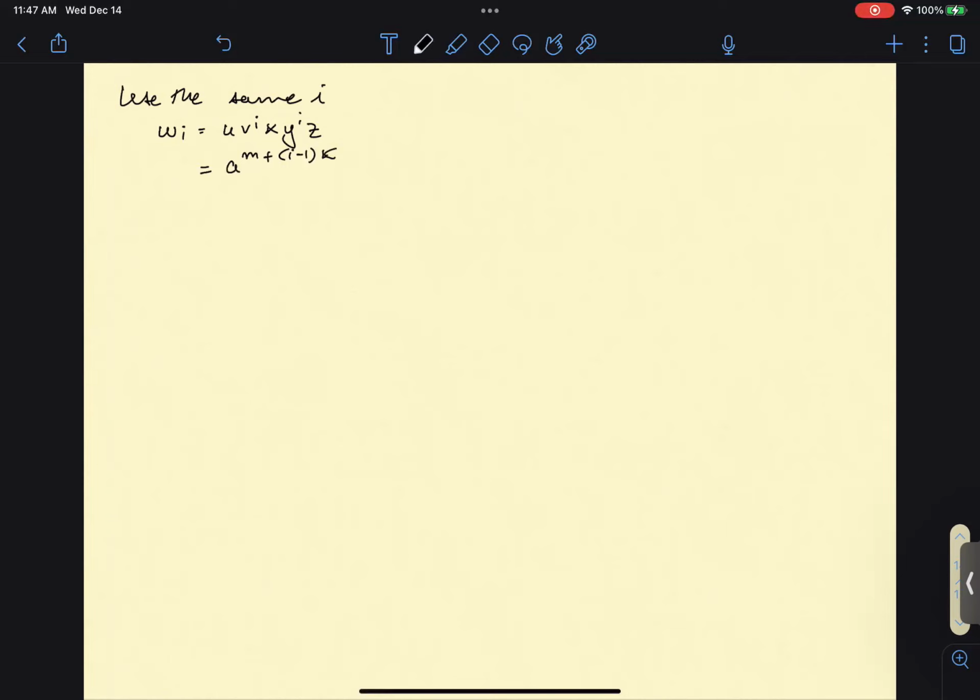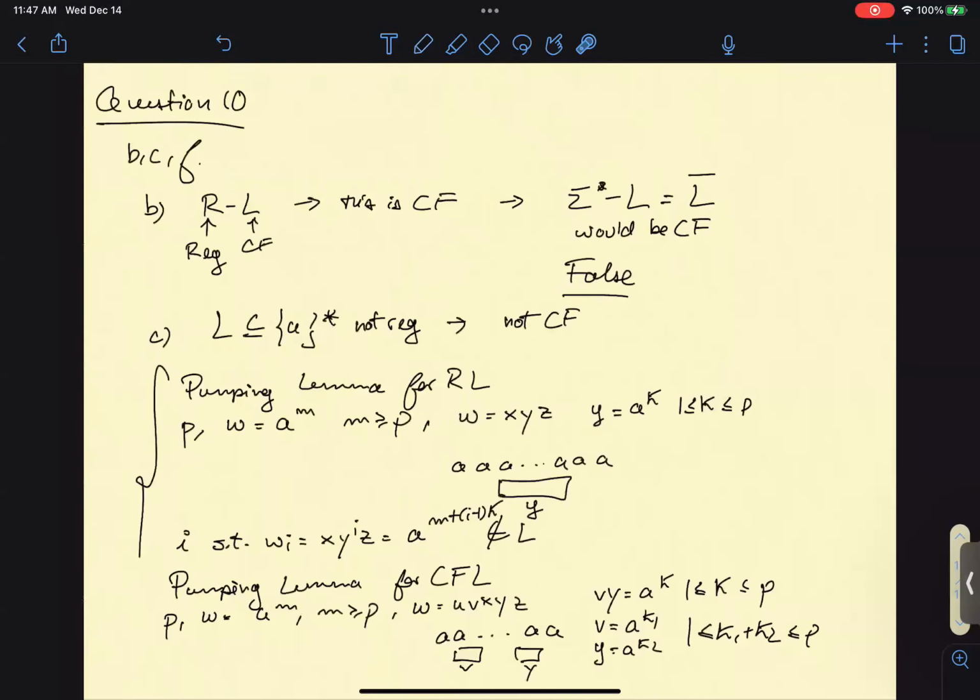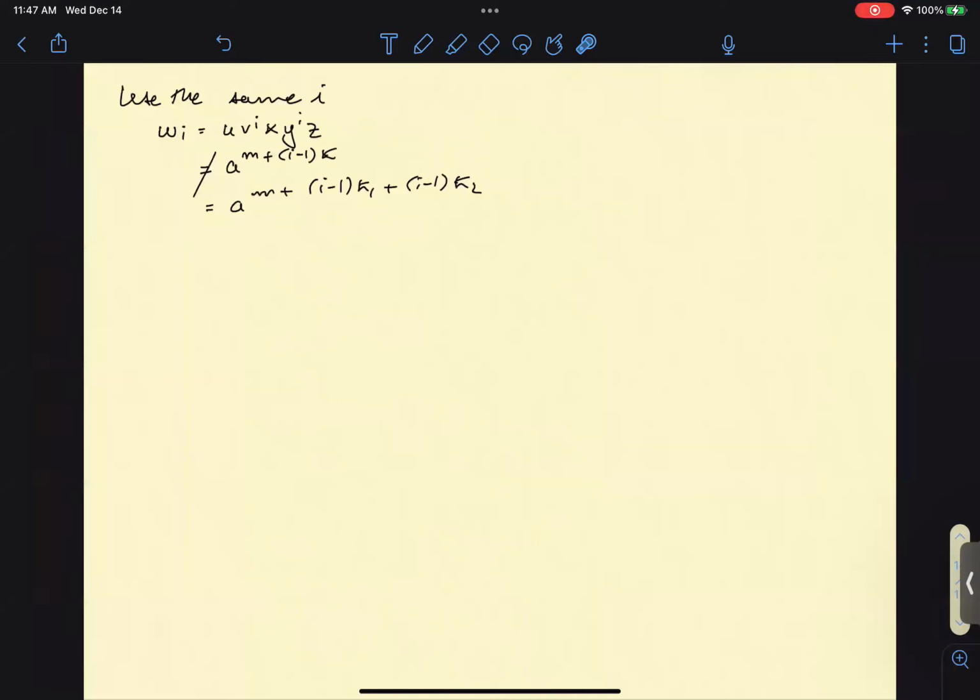Instead, what I can write is A^(M plus (I minus 1)K1 plus (I minus 1)K2). Because I'm pumping each individual V and Y, the V's have K1 A's and the Y's have K2 A's. So I pump up or down the V's and the Y's, and I get this many pumped A's for the V's and this many A's for the pumped Y's.